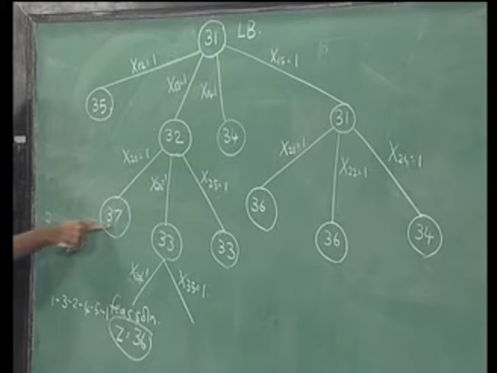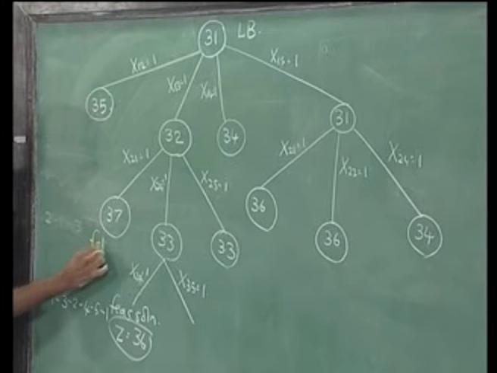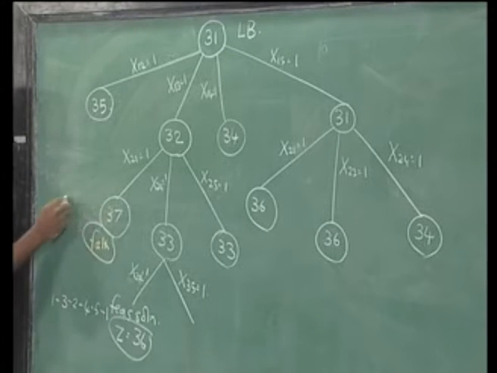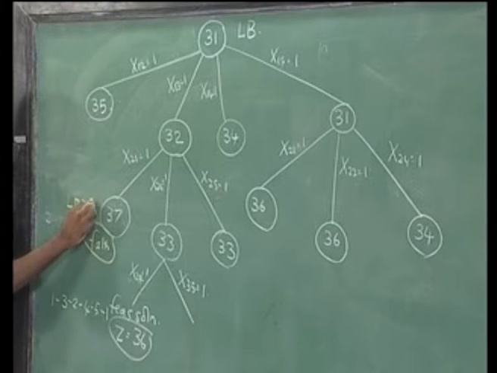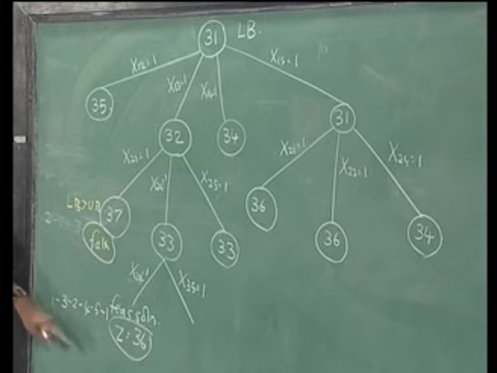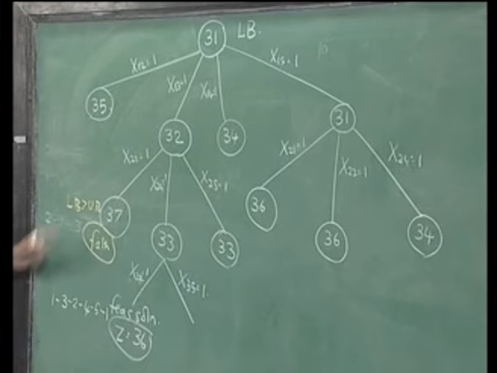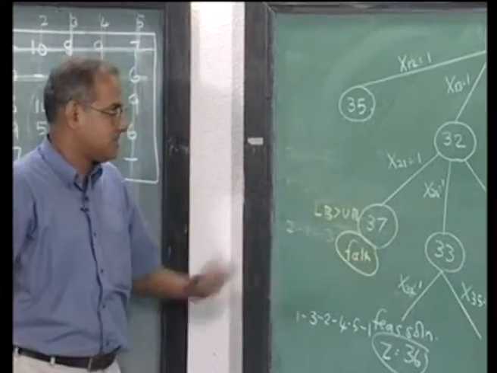I already have a solution with 36. So, I fathom this because lower bound is greater than current upper bound. Since I have a feasible solution with 36, my optimal solution is either 36 or less. So, there is no point in doing this.